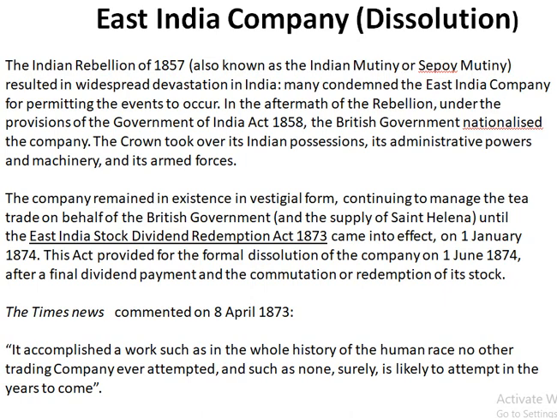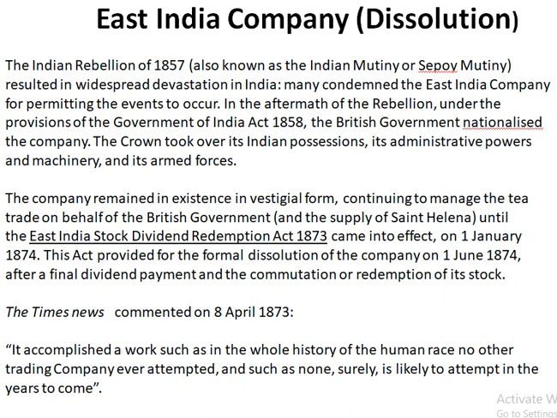Then in 1857, whatever happened after 1857, the British government announced the Government of India Act in 1858, in which the East India Company was abolished, but it was allowed a little operation. The company remained in existence and continued to manage the tea trade only, and that was also on behalf of the British government, and the supply of Saint Helena until the East India Stock Dividend Redemption Act in 1873.